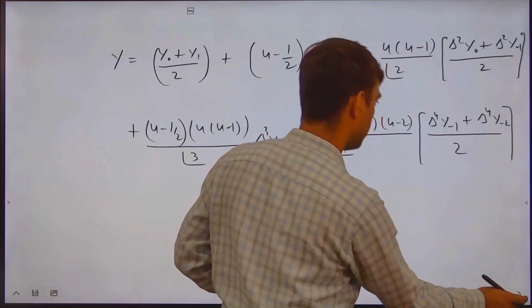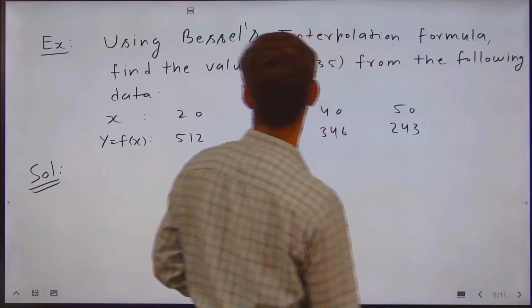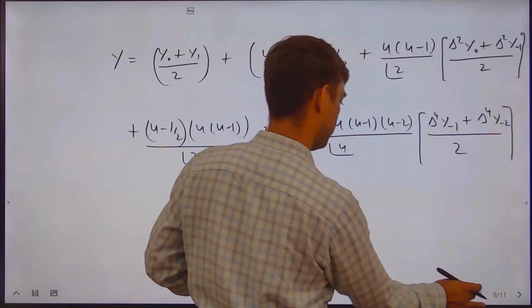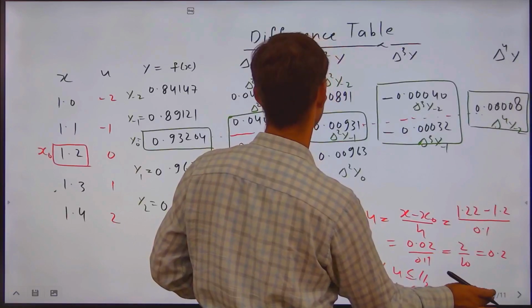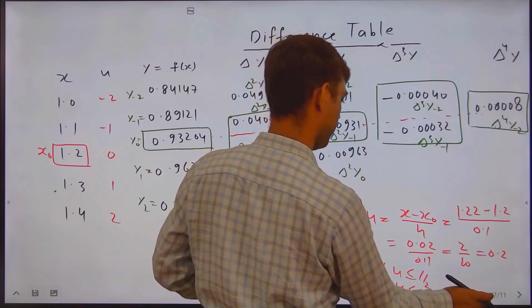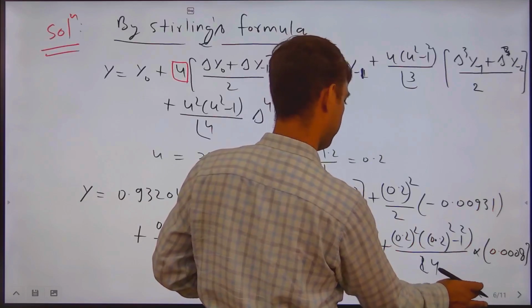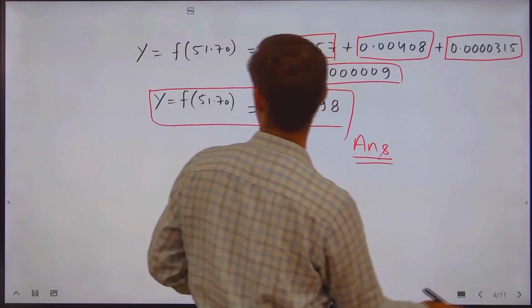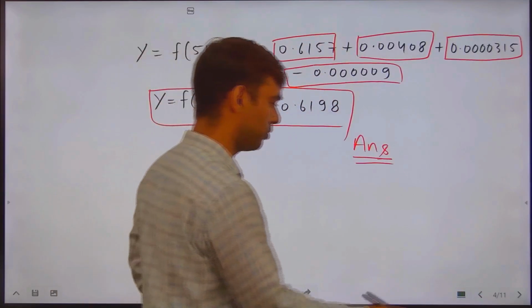So what is the final answer? Final answer is this. Oh, sorry. So already we wrote this one, a difference table. So what is the result? So this one is 51.70.